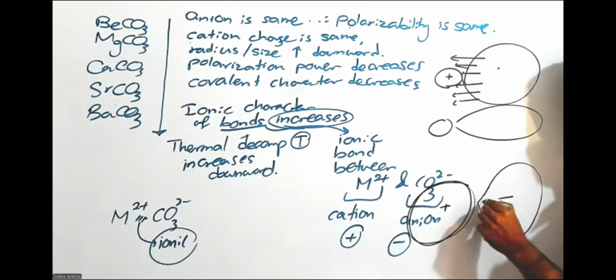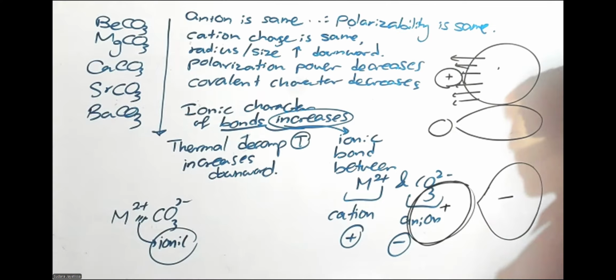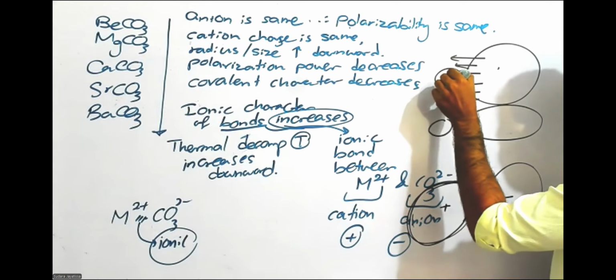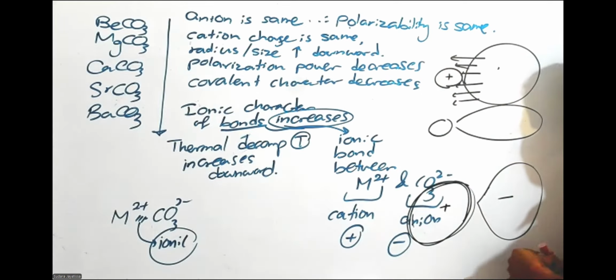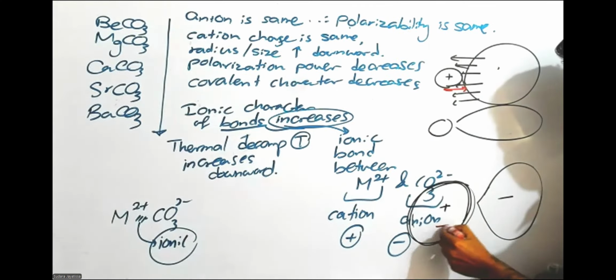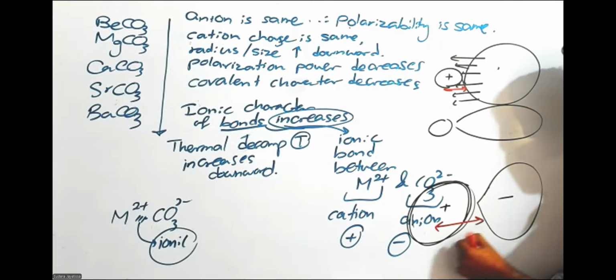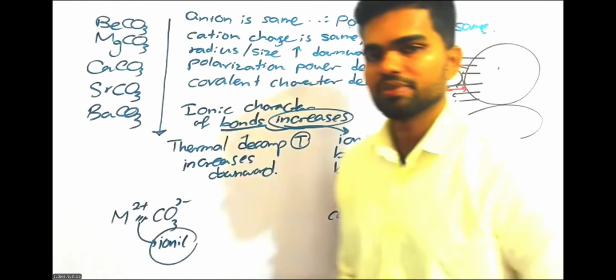The anion will still look like a normal spherical anion. Here it was possible because the distance between the nucleus and the anion electron cloud is very little. But now that distance is very large, so it is difficult to polarize. So it can be explained.